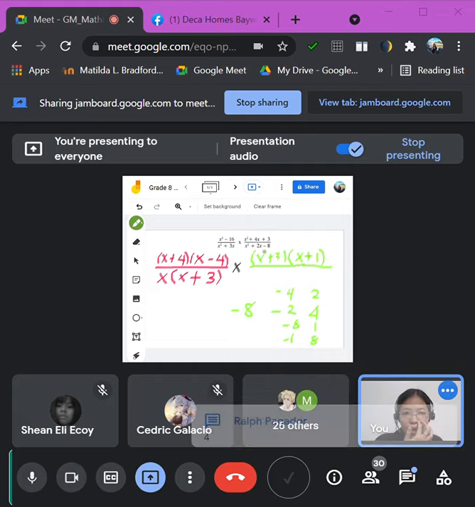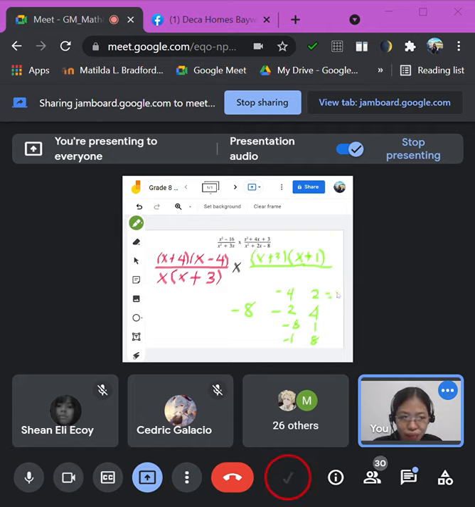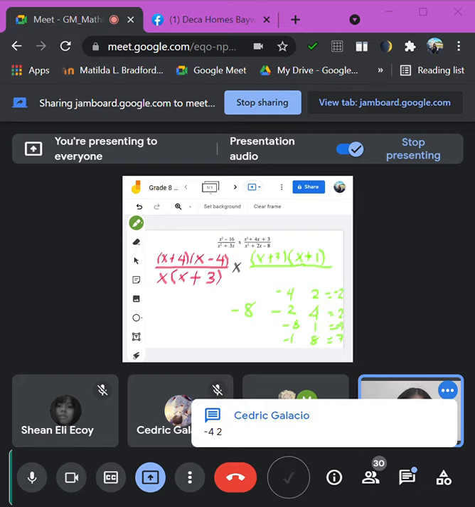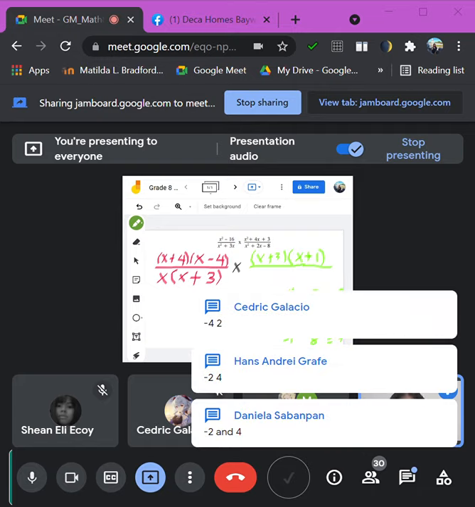So, kung mag-add ka, class, dapat daw 2 ang mugawas. Kung i-add nimo ang negative 4 o 2, that is negative 2. Negative 2 o 4, that is positive 2. Kung mag-add ta ani, this is negative 7. And this one is positive 7. So, asa itong gamiton nga factor class? Negative 4, 2, negative 2, 4, 8, 1, negative 8, negative 1, 8.